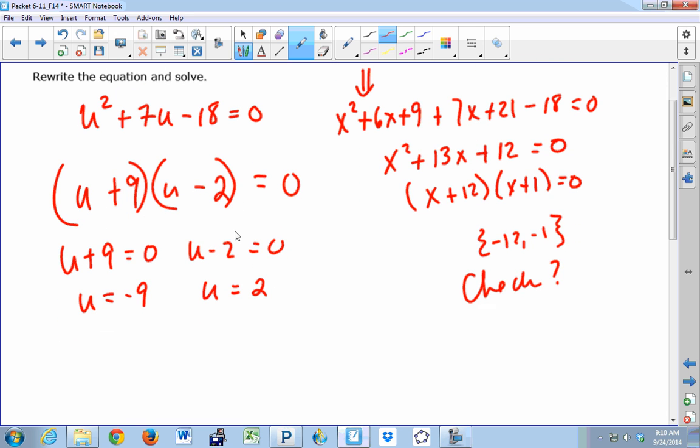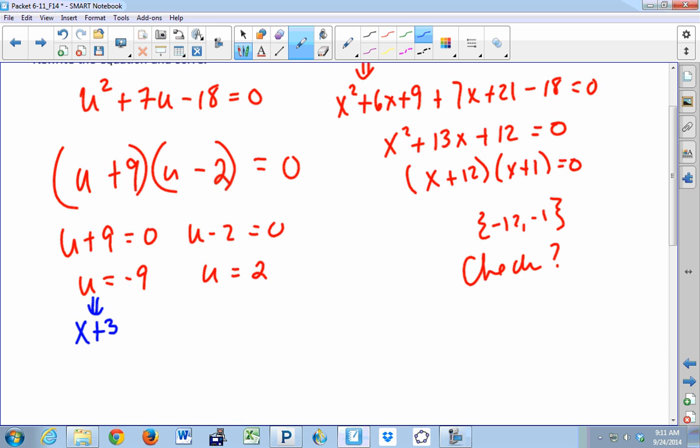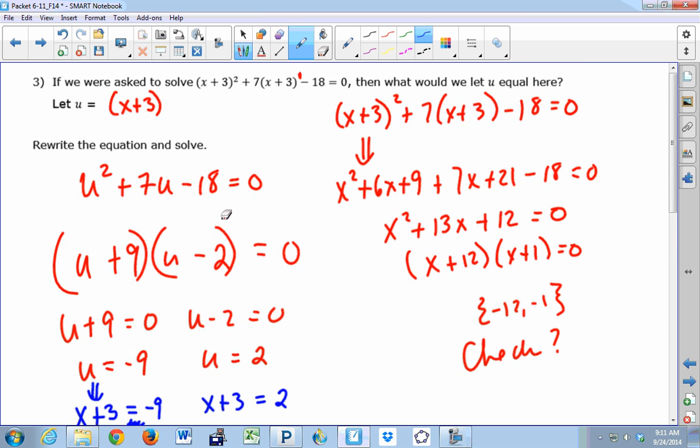So now you say, what did I let u equal? Oh yeah, I let u equal x plus 3. So then you replace u with what it was equal to. And then you have a little baby linear equation to solve, and you get x equals negative 12 and x equals negative 1.